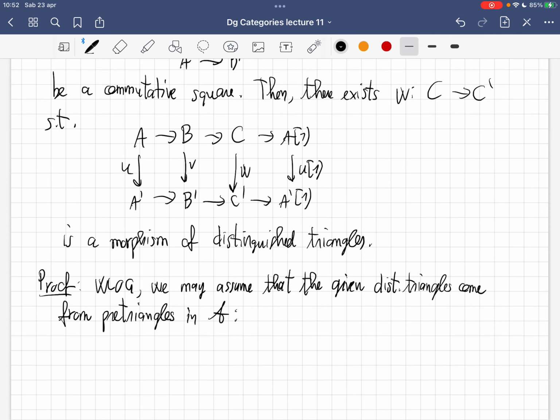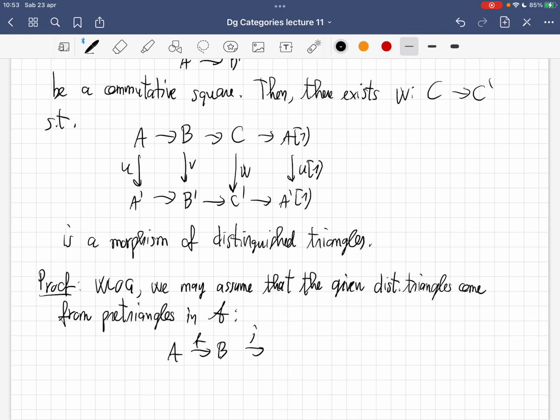In A. And now, be careful. As I said, I'm abusing notation. When I'm looking at pretriangles in A, these are going to be kind of strict maps. We will need to work inside A for this proof.